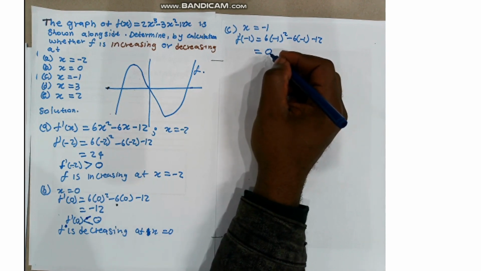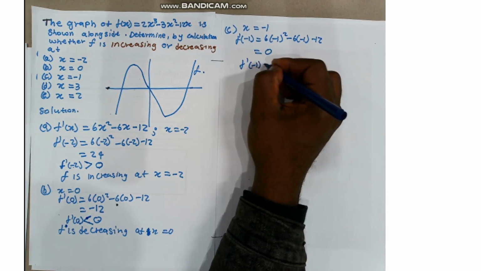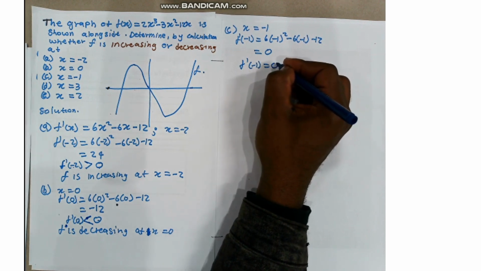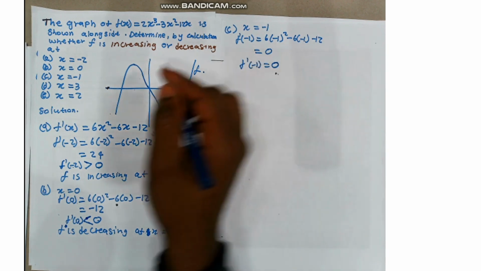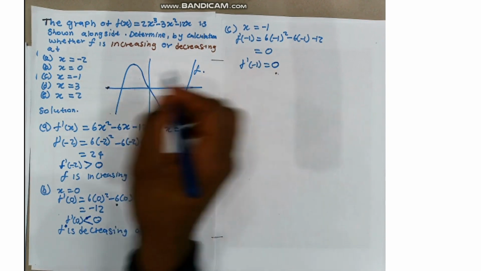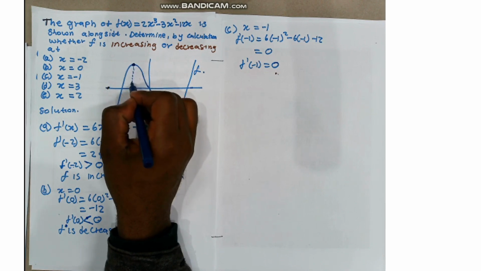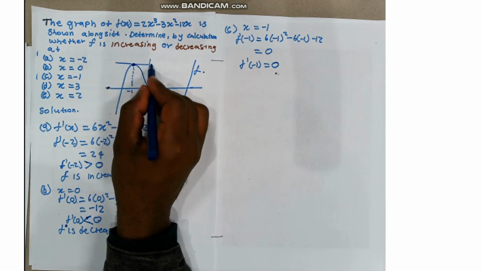I hope you still remember: if f prime of negative 1, or f prime of whatever specific x value, is equal to 0, this means f has a stationary point, where your gradient is 0.